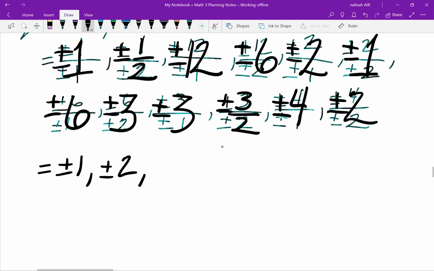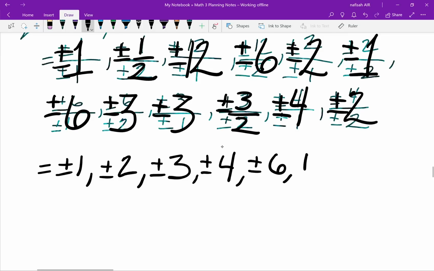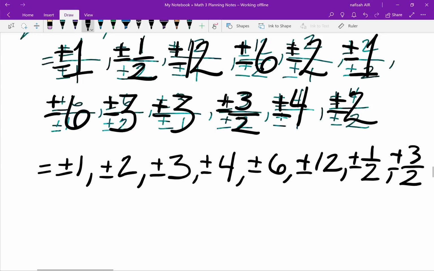Plus or minus 2, plus or minus 3, plus or minus 4, plus or minus 6, plus or minus 12, plus or minus a half, and finally plus or minus 3 halves.